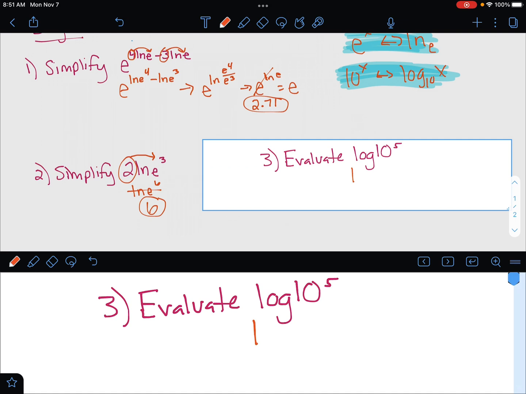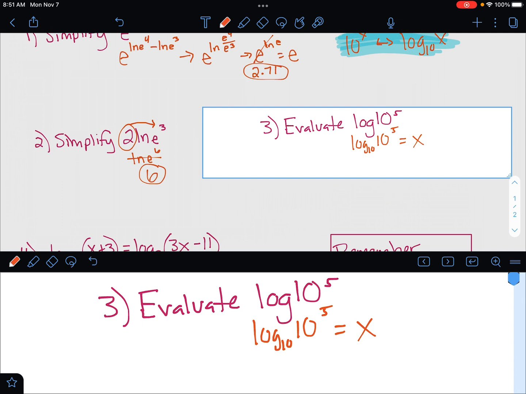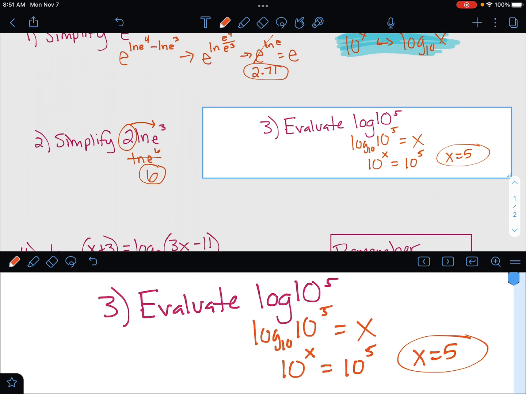If nothing's written as the base, we have base 10. So let's think about that. Let's say it equals x. If I convert that, I have 10 to what power equals 10 to the fifth? So x equals 5. And that's evaluated.